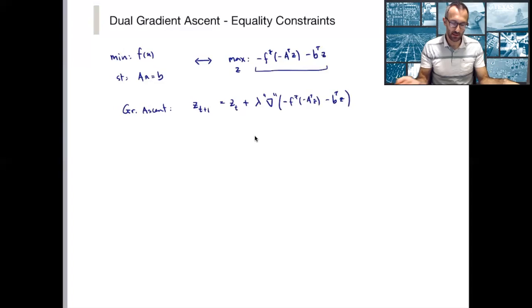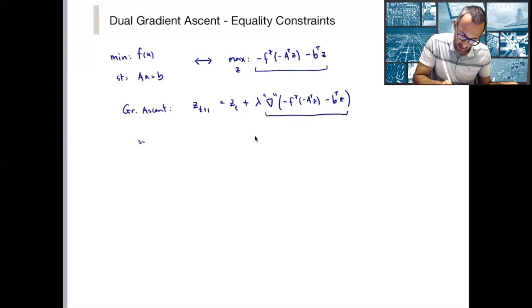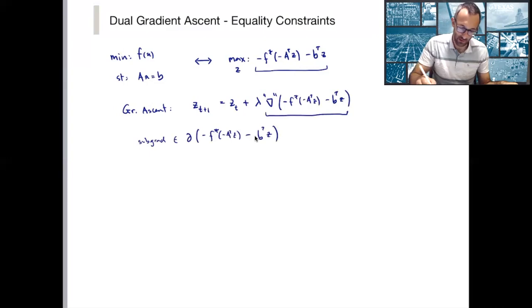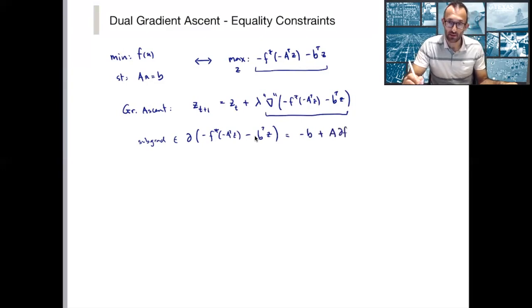Okay, so now let's look at what this is. I need a subgradient that's an element of the subdifferential, I'm writing it properly now, of this thing: minus f star of minus A transpose z minus b transpose z. We know how to write that. So this is equal to minus b plus, by the chain rule, A times something in the subdifferential of f star of minus A transpose z.